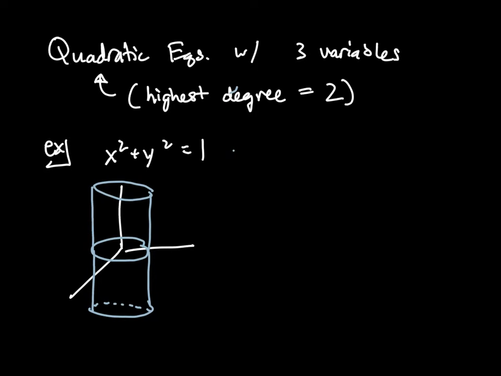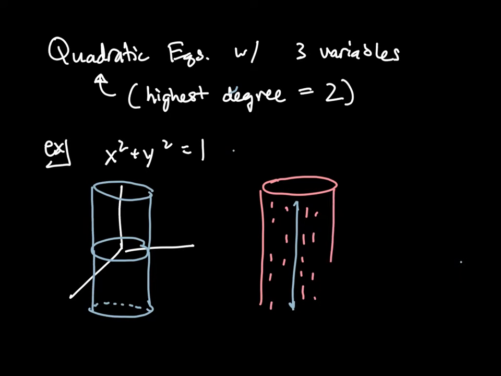One way to define a cylinder is by taking a circle and moving it up and down along some parallel lines. Something like this.